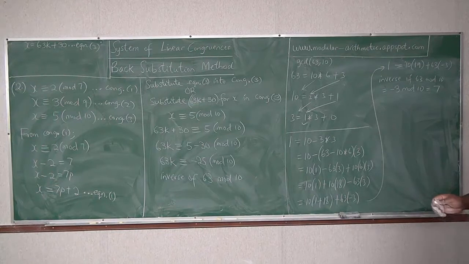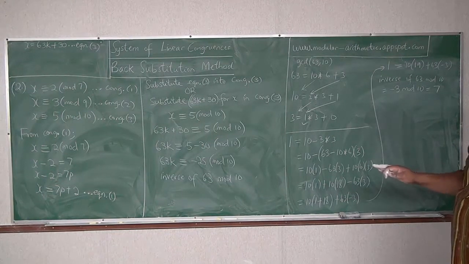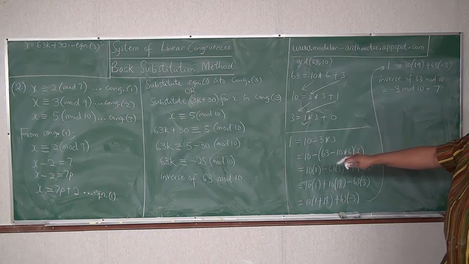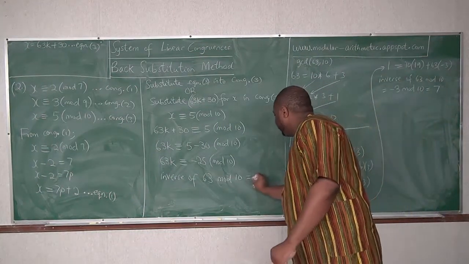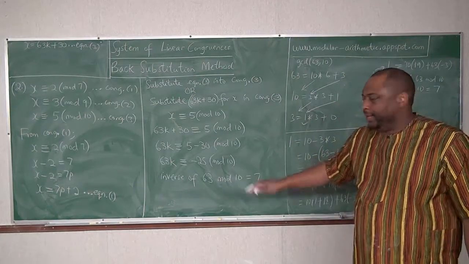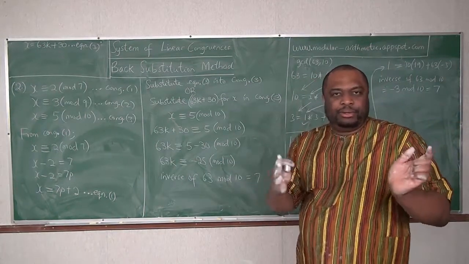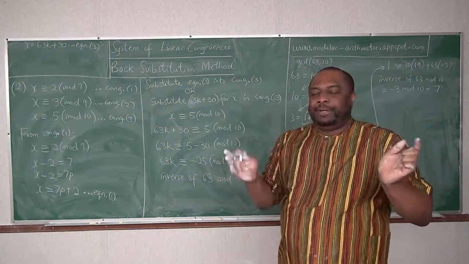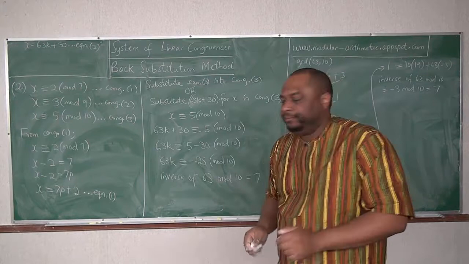Okay? Now we have to multiply by 7. We multiply both sides by 7 here.